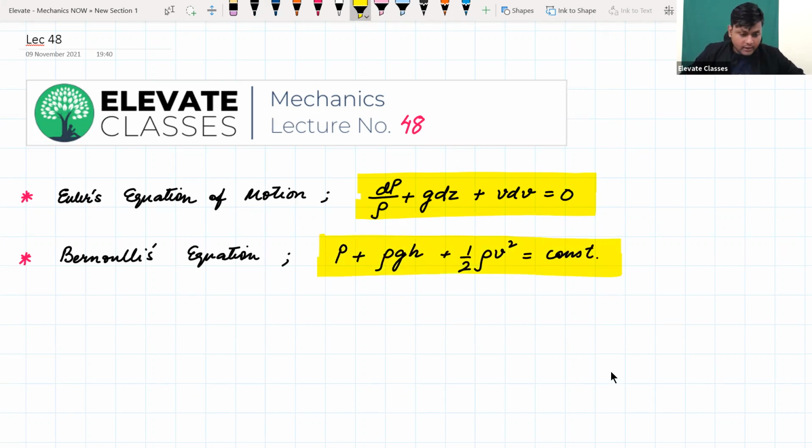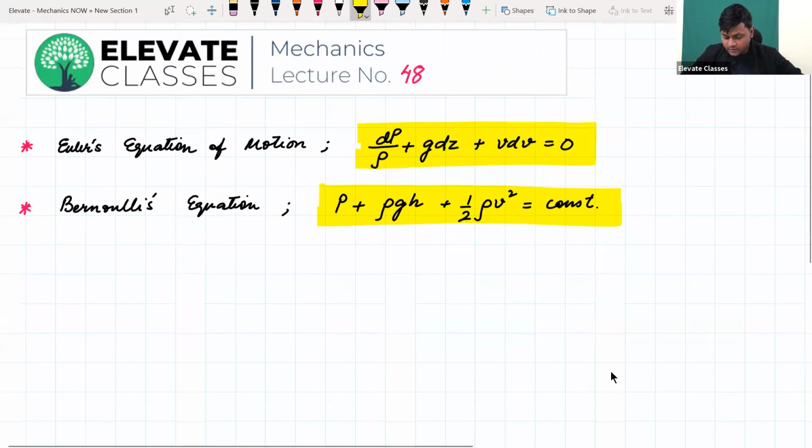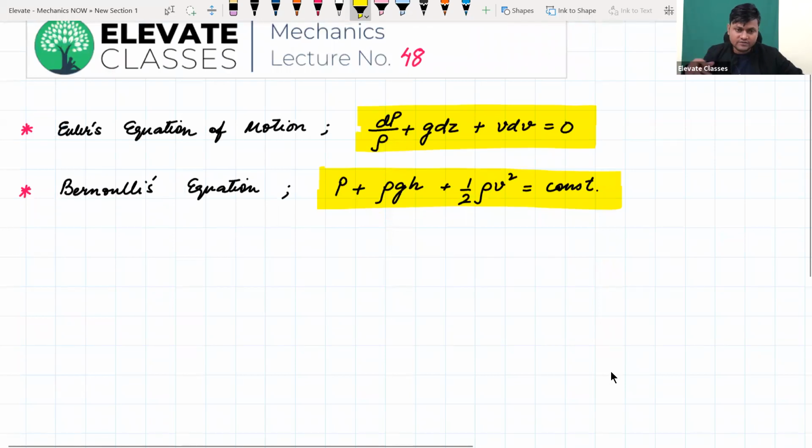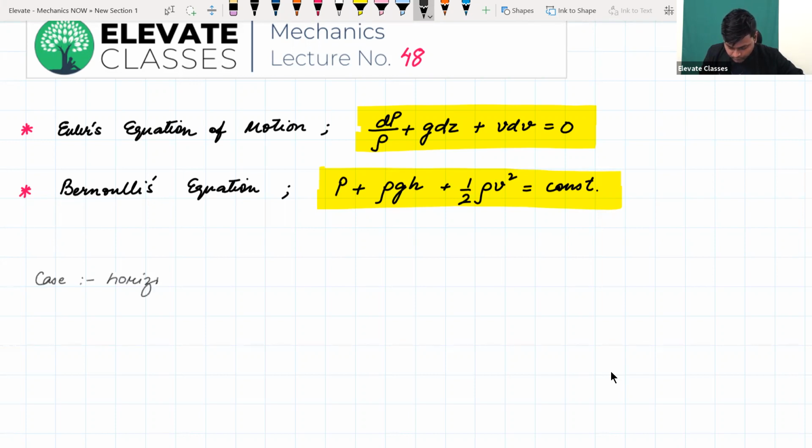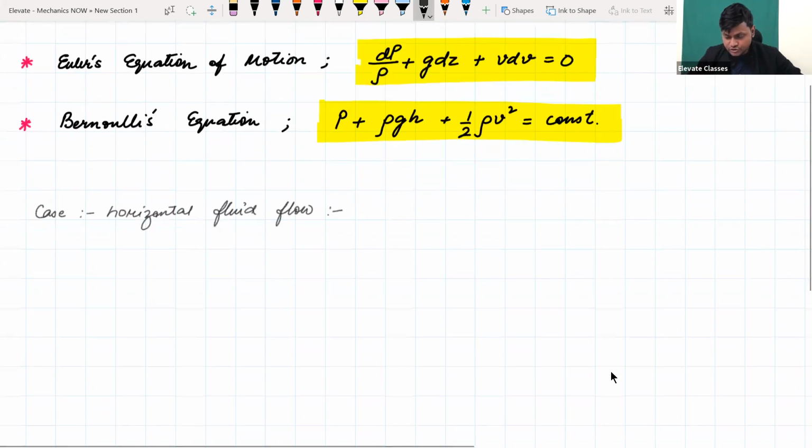From Bernoulli's equation we can come up with what is famously known as Bernoulli's theorem. To understand it, let us look at a particular case of horizontal fluid flow. Suppose there is some sort of a tube or a pipe or a cavity through which fluid is in motion. There is a streamlined flow of an incompressible fluid happening continuously.